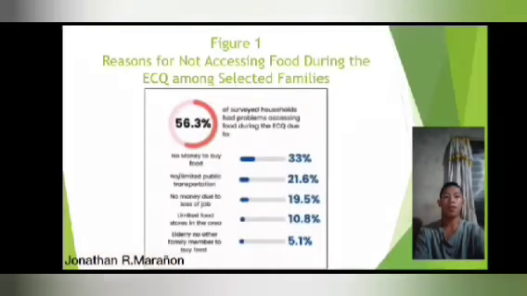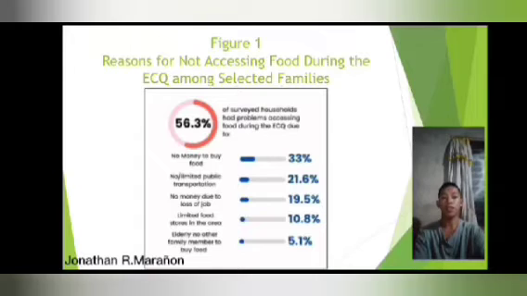So, in figure 1, reasons for not accessing food during the ECQ among selected families. About 56.3 percent of the households reported problems accessing food during the government-imposed enhanced community quarantine.